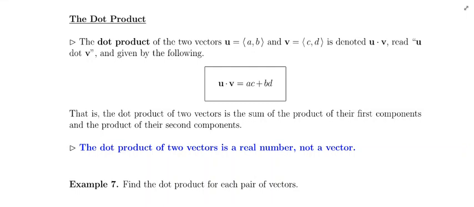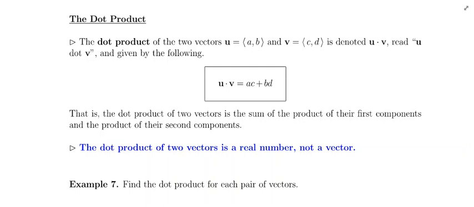So back when we talked about scalar multiplication, I told you there were two different types of multiplication with vectors. One was scalar multiplication, and the other is going to be the dot product. Remember, scalar multiplication means you're taking a single vector and multiplying each of the components by the same number, and the result is a vector.